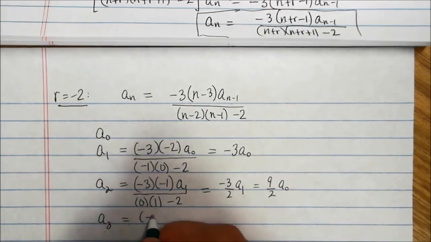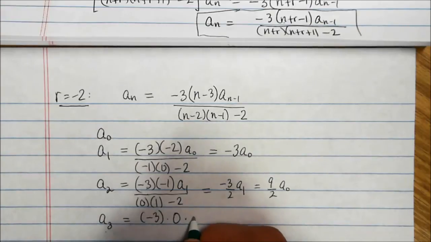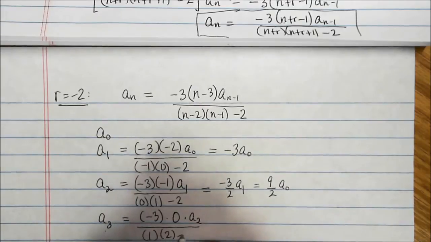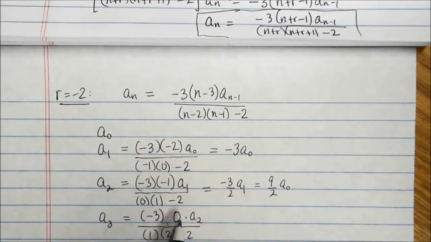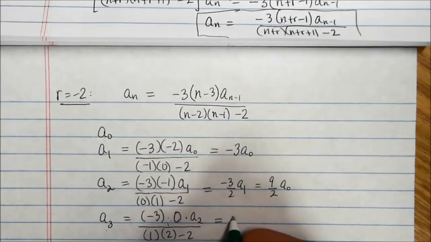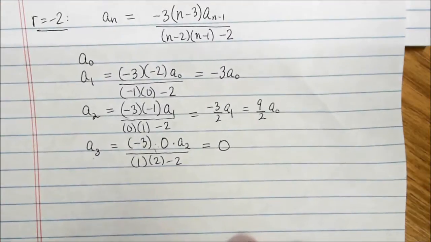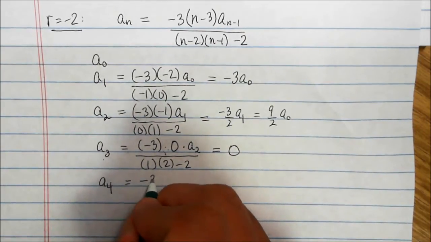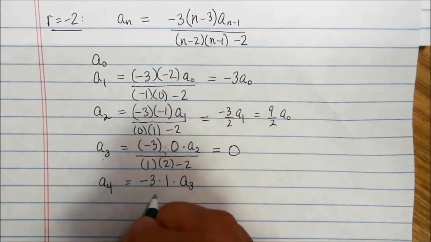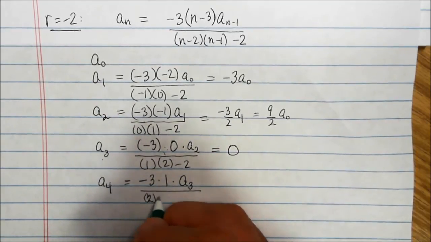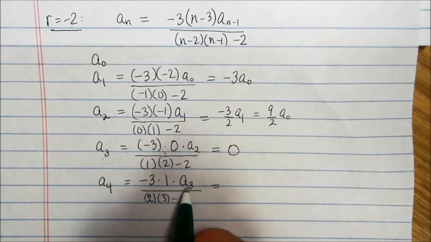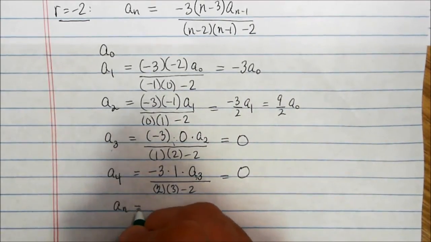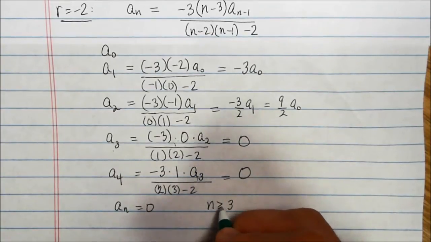If n equals 3, I get negative 3 times 0 times a sub 2 over 1 times 2 minus 2. I'm multiplying by 0 here, and so that's equal to 0. If I keep going, a sub 4 is going to be equal to negative 3 times 1 times a sub 3 over 2 times 3 minus 2. A sub 3 is 0, and so I get 0 again. And so it turns out that a sub n is equal to 0 as long as n is greater than or equal to 3.